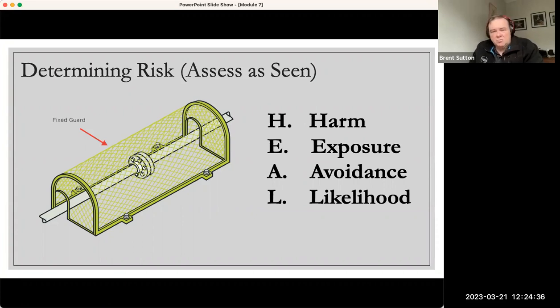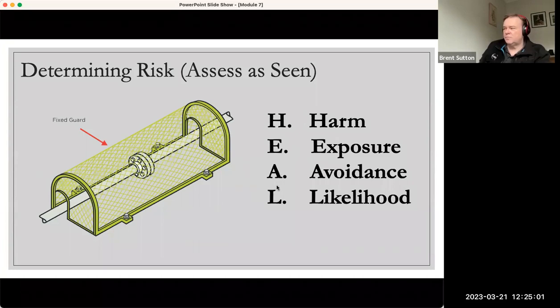But the potential of that rotating shaft remains the same. So the guard itself, guards do not alter harm or exposure. And for a lot of people, that is one thing they really struggle with, is understanding that guarding does not alter harm or exposure. It's focusing on avoidance and likelihood.